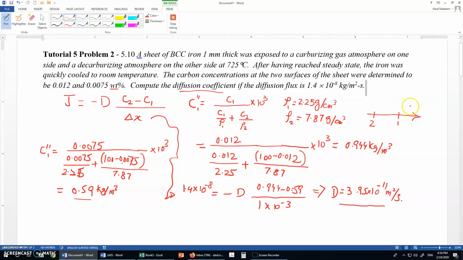If our positive x direction is toward this direction, and we take this position as 0 and this position as 1 millimeter, then delta x is 0 minus 1, so it is minus 1 millimeter. We can use a negative 1 millimeter value here, so the minus signs cancel out and the answer will be positive.